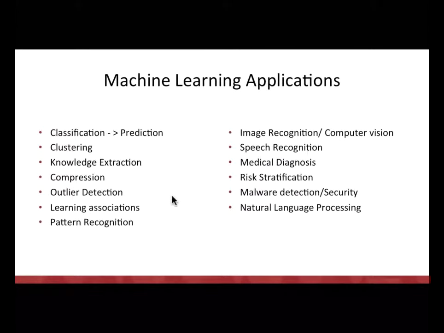Clustering, I mentioned briefly, but there's a huge literature in different clustering algorithms: hierarchical clustering, k-means clustering, and on and on. Knowledge extraction is something that I'm very interested in, and there's another whole lecture we can talk about that. But it's the idea of using machine learning to extract new knowledge out of data.